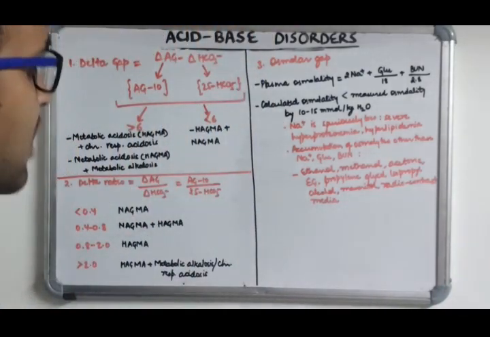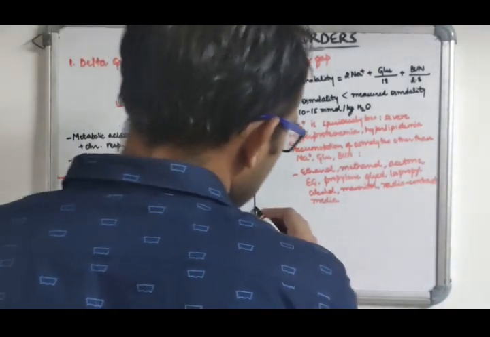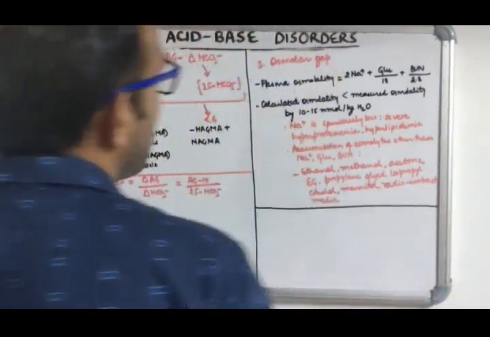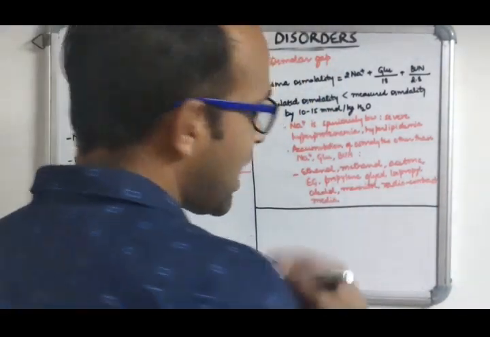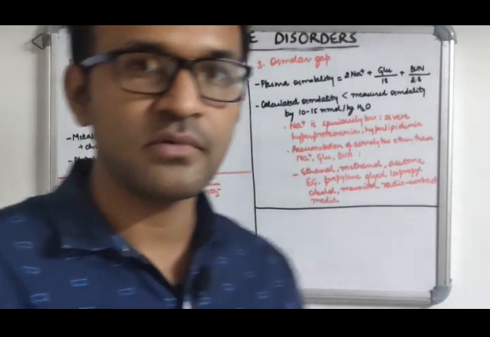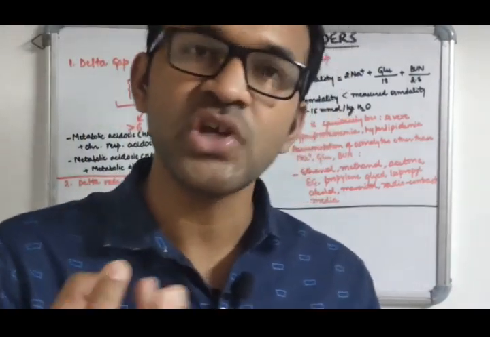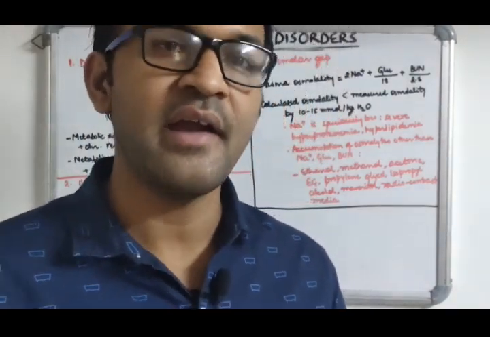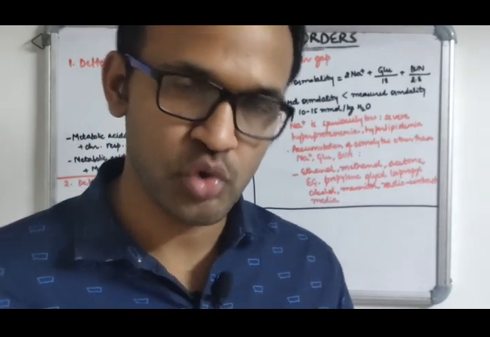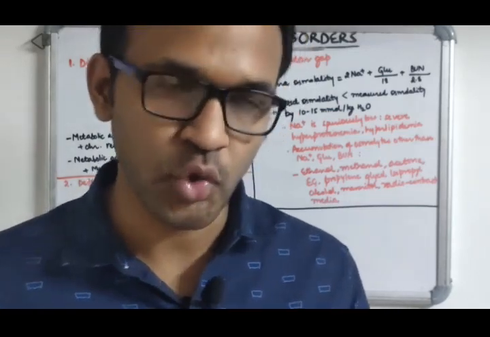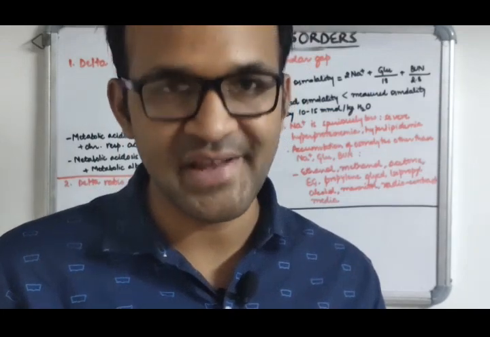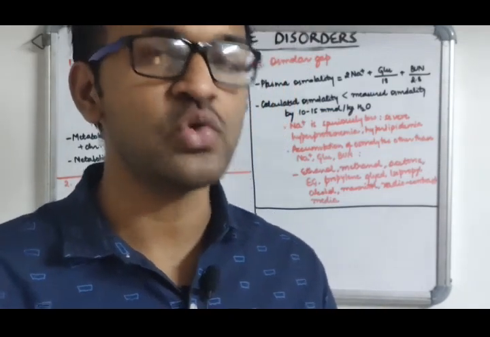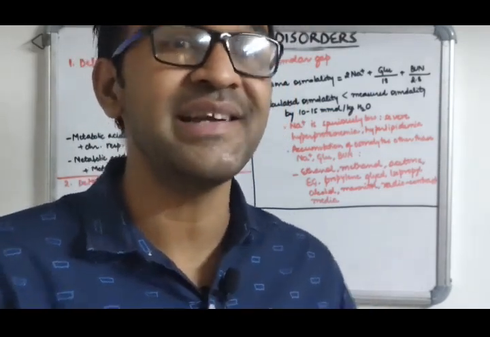Now we'll talk a bit about the clinical features of metabolic acidosis. As you all know, in metabolic acidosis, pH is low and bicarbonate is also low. As compensation, PCO2 is also low. Because of the fall in pH, there is increased ventilation, particularly an increase in tidal volume.